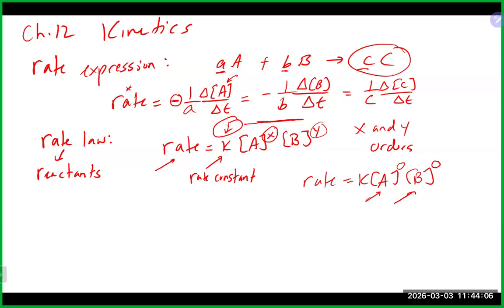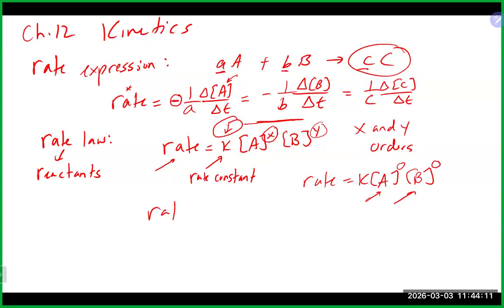Now, if we had a rate law where maybe they both weren't first order, but maybe one of them was second order. In this case, B would have a much more dramatic effect on the rate of the reaction.